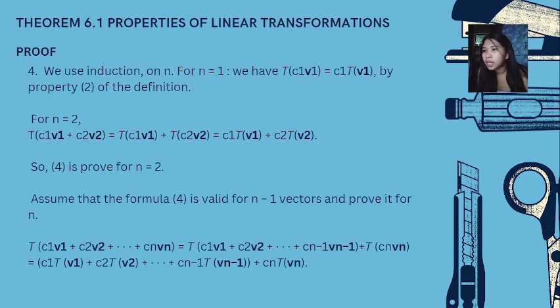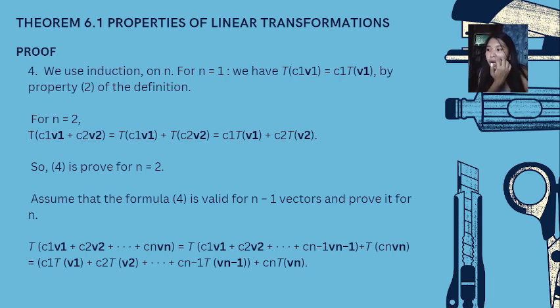So now for n is equal to 2, by the second property under the definition of linear transformation again, we have T c1b1 plus c2b2 is equal to T c1b1 plus T c2b2, and that is equal to c1 Tb1 plus c2 Tb2. So this property is proved for n is equal to 2.